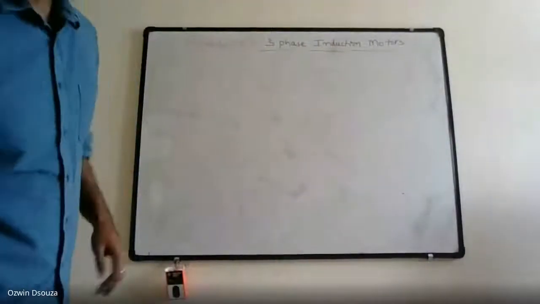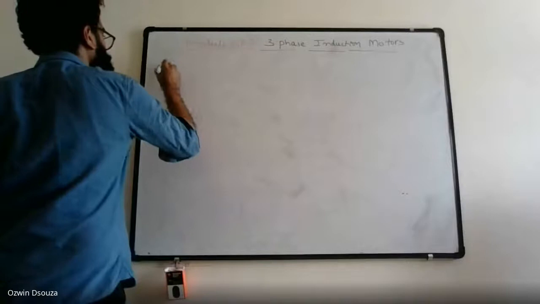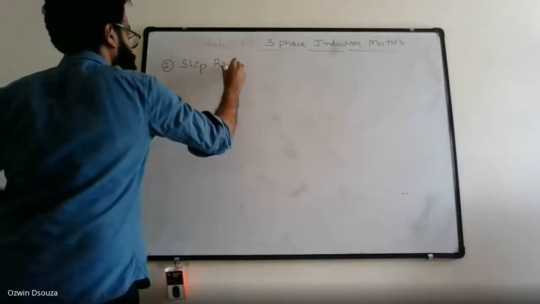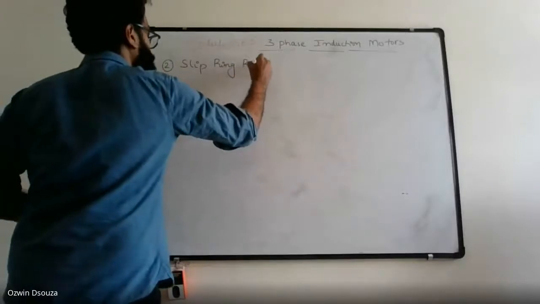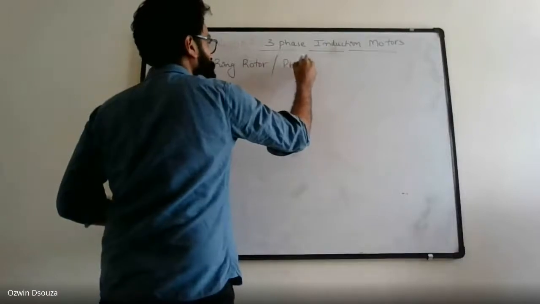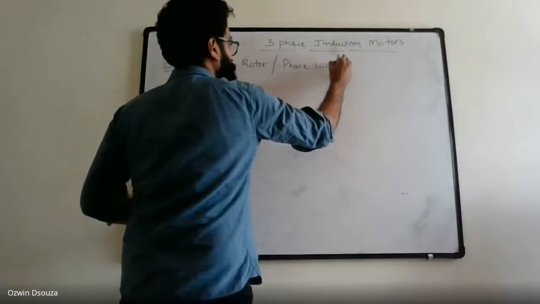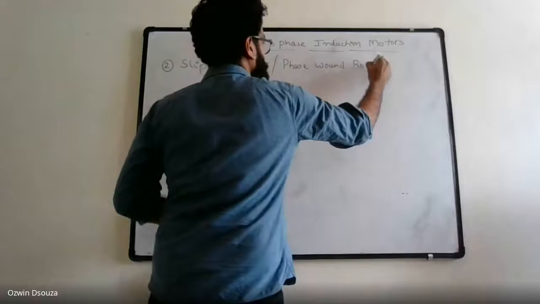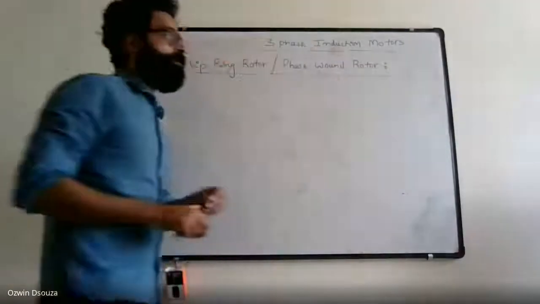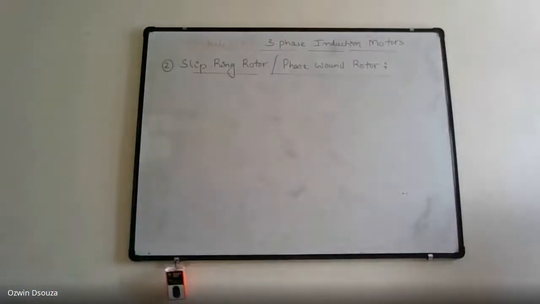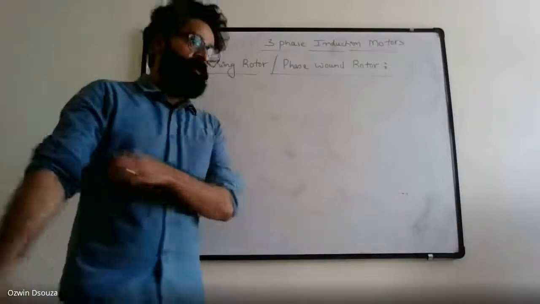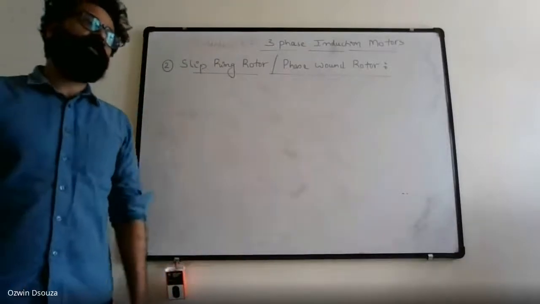Now let us consider the second type of rotor, which is called the slip ring rotor or phase wound rotor. In the phase wound rotor, as I have mentioned, you should be able to vary the rotor resistance.